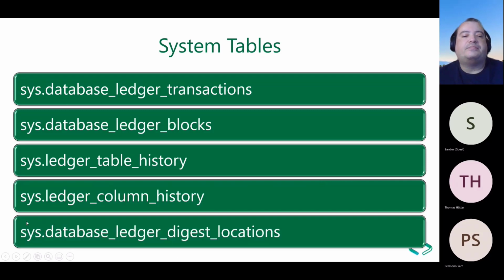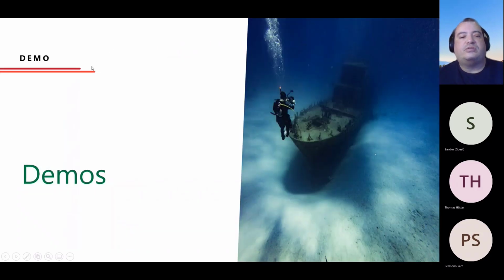And sys.database_ledger_digest_locations holds the information about the external storage, where the external ledger storage is located, to make verifications of the ledger transactions and verify that everything is okay with the ledger transactions.